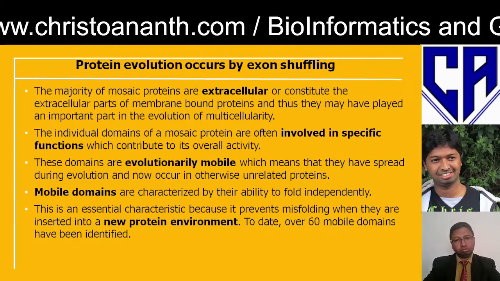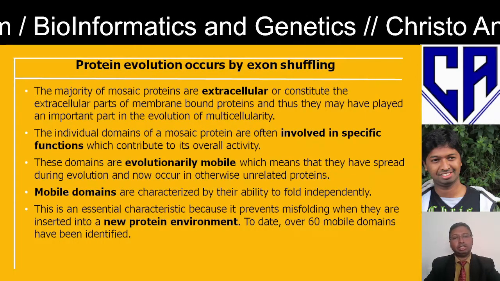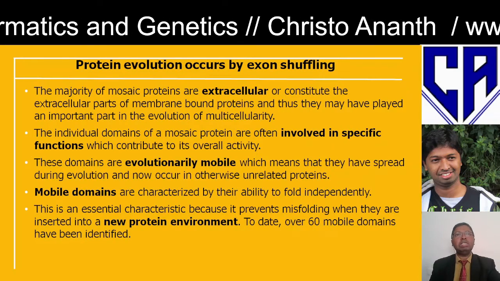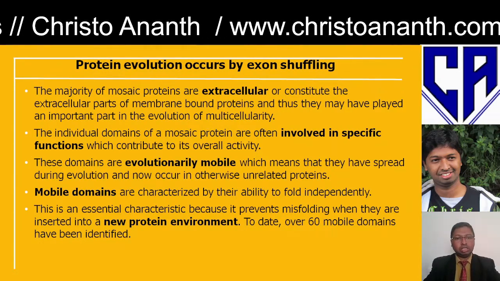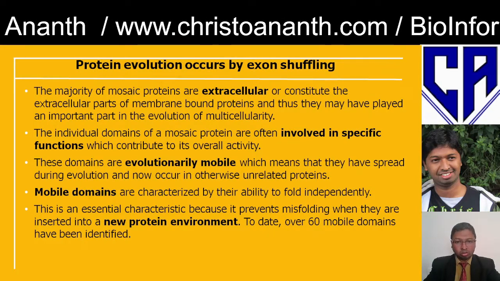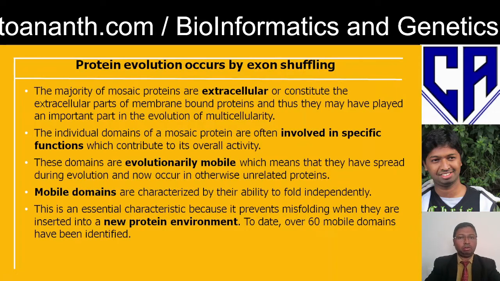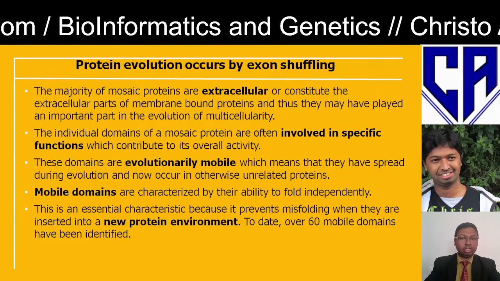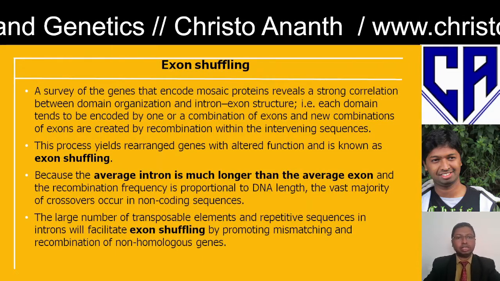Okay, it's considered a very important characteristic because it prevents misfolding, which is a problem when they are inserted into a new protein environment. Up to date, we have found about 60 mobile domains as well. So this is exon shuffling.